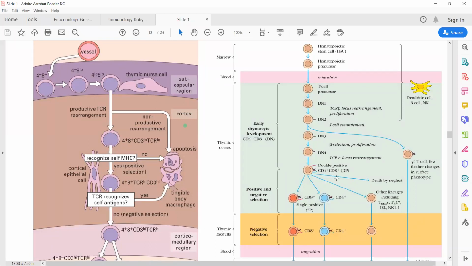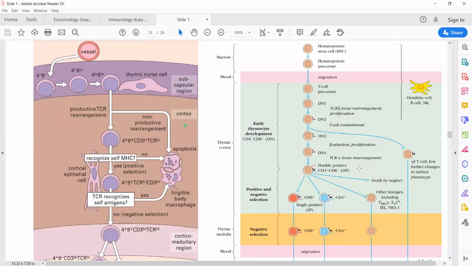So the stage 2 thymocytes are now matured. They have the CD4, CD8 receptors. They have both the alpha beta TCR chains at low density, and they also are associated with the CD3 antigen receptor complex. Mind you, they are negative for the CD44 receptor.